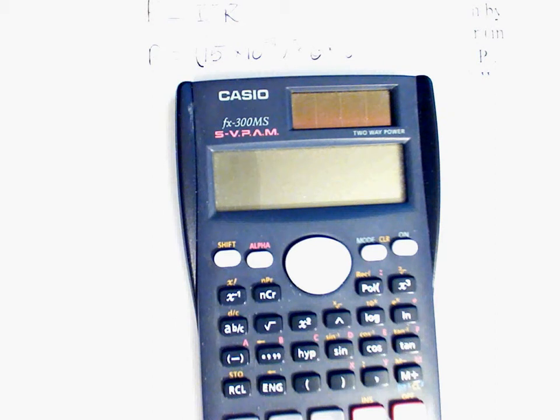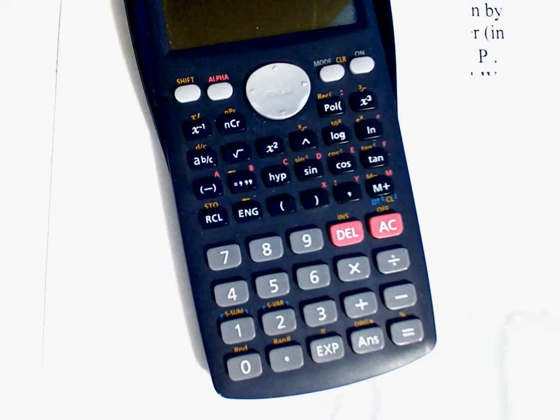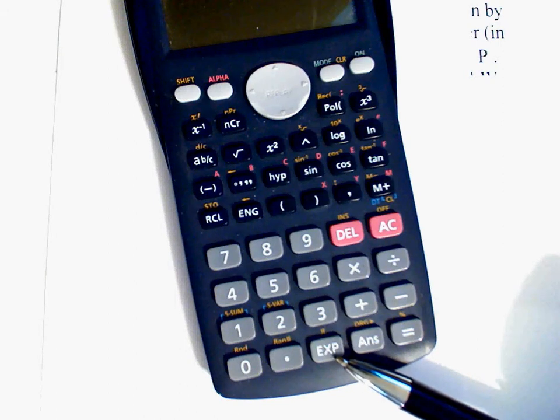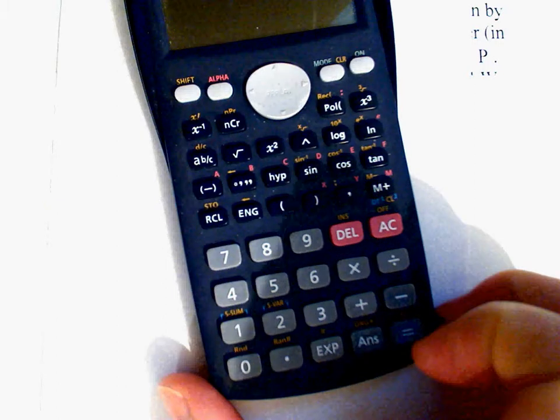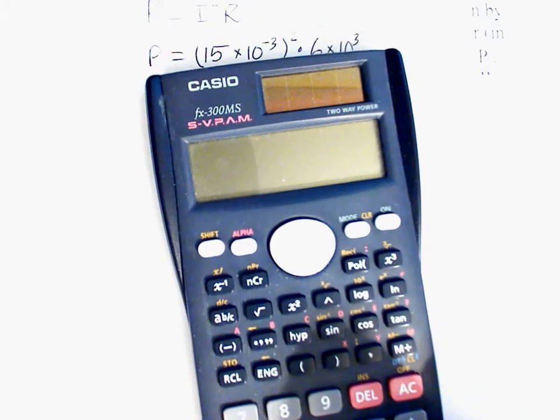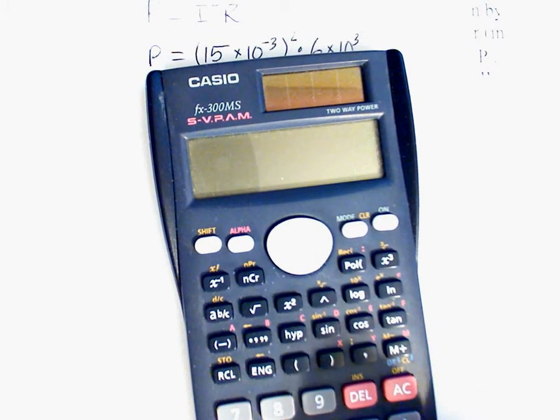Here's my scientific calculator. Just about any scientific calculator you see is going to have a means for entering scientific notation. On my calculator, this little Casio, the button is down here, EXP, which tells the calculator you're about to enter scientific notation.